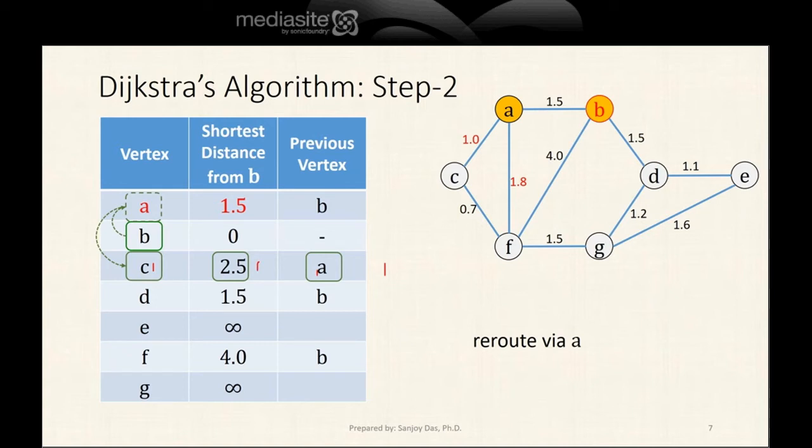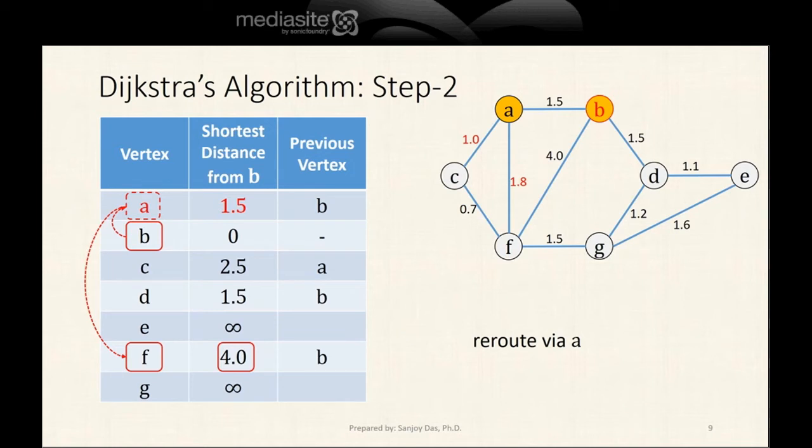Now let's look at what happens to F, because from A I can only go to C and F. So far the distance to F is 4.0 here. Now if I reroute through A, what do I get?